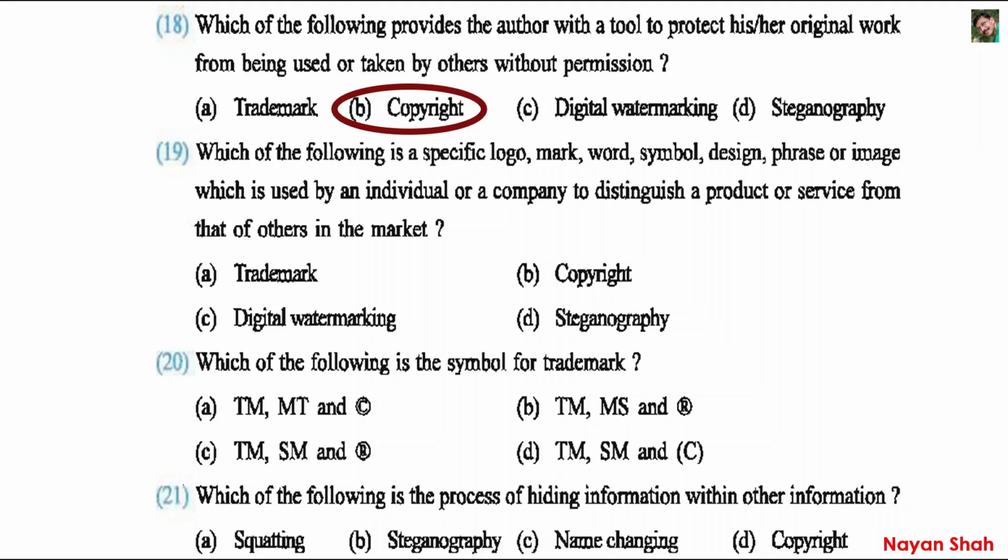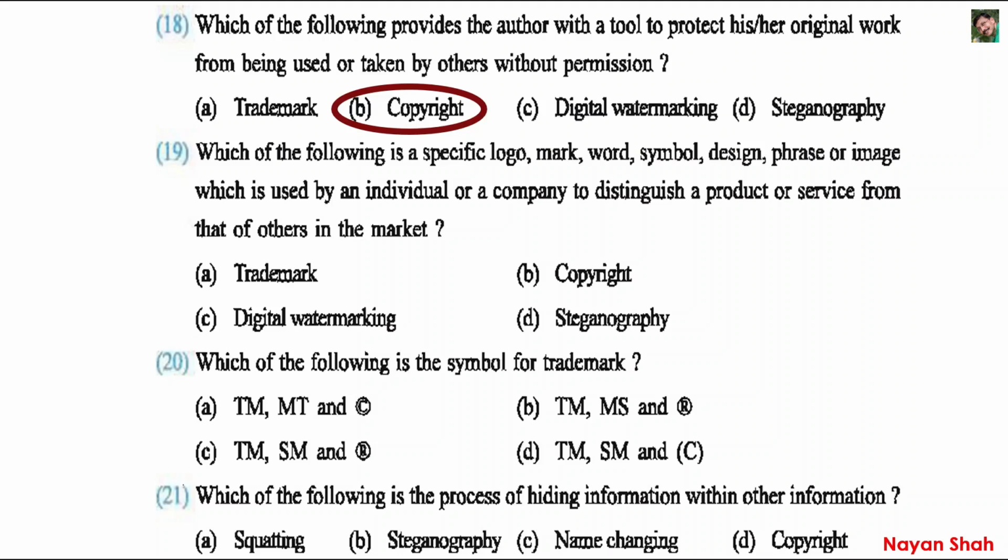Question number 19. Which of the following is a specific logo, mark, word, symbol, design, phrase, or image which is used by an individual or a company to distinguish a product or service from that of others in the market?